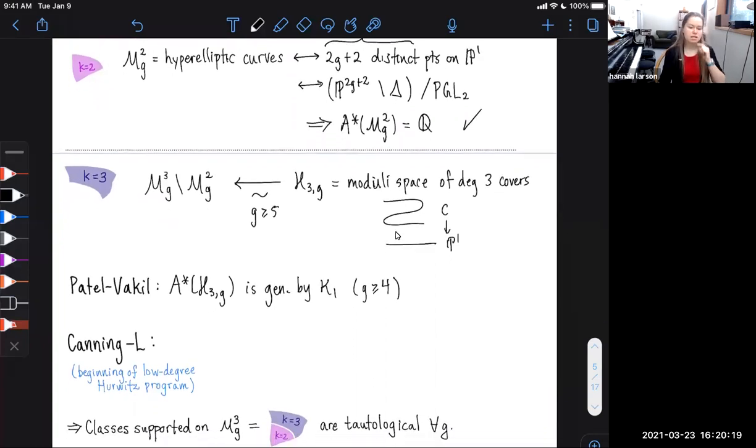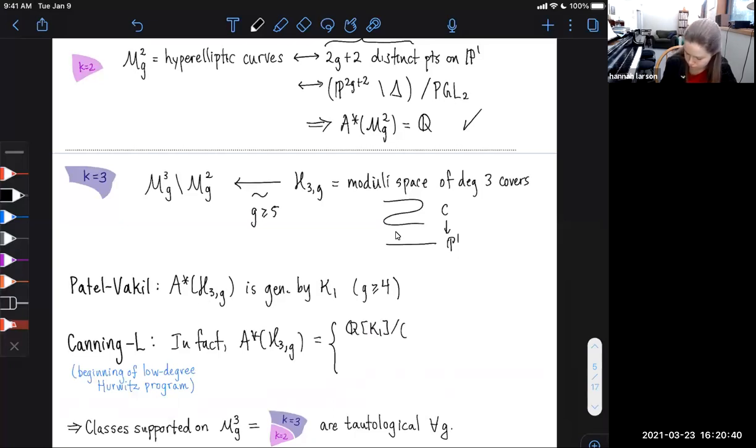In fact, Sam and I have shown as the beginning of our study of low-degree Hurwitz spaces that the Chow ring of H_{3,g} is actually equal to Q adjoin kappa 1 mod kappa 1 squared if g is equal to 4 or 5, and Q adjoin kappa 1 mod kappa 1 cubed if g is at least 6.